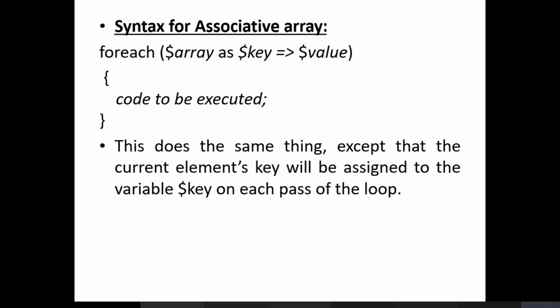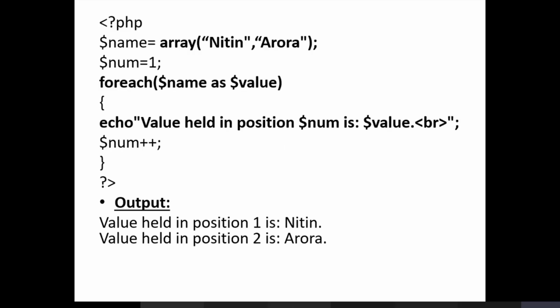The code is mentioned in the foreach, and this does the same thing except that the current element's key will be assigned to the variable $key on each pass of the loop. So in this we have the key value pairs, and this is for the associative array where some associations are given, where the key value pairs are being assigned.